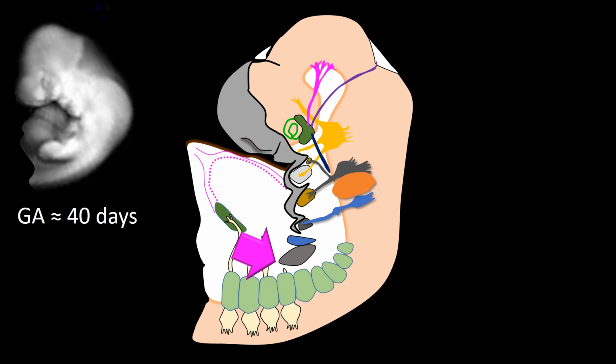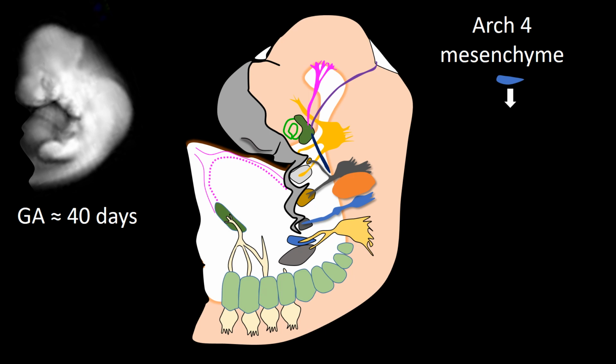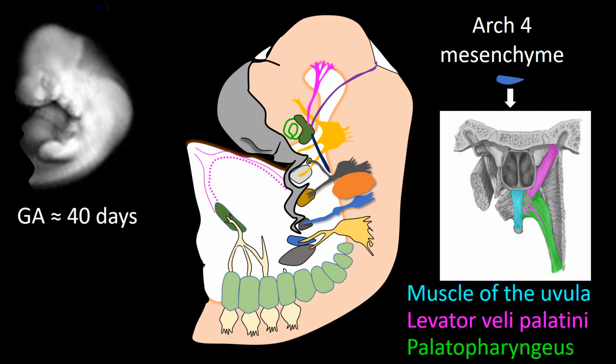Remember that branchial arch 5 involutes during development and does not contribute to the formation of adult structures. I have now introduced the vagus nerve and will go on to list the muscles derived from these branchial arches. From the fourth branchial arch we have, as you can see in this frame, the muscles of the uvula, levator veli palatini, and the palatopharyngeus muscle.